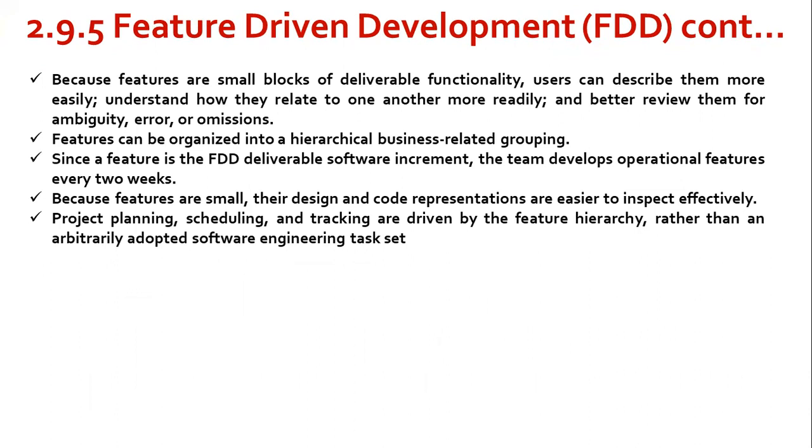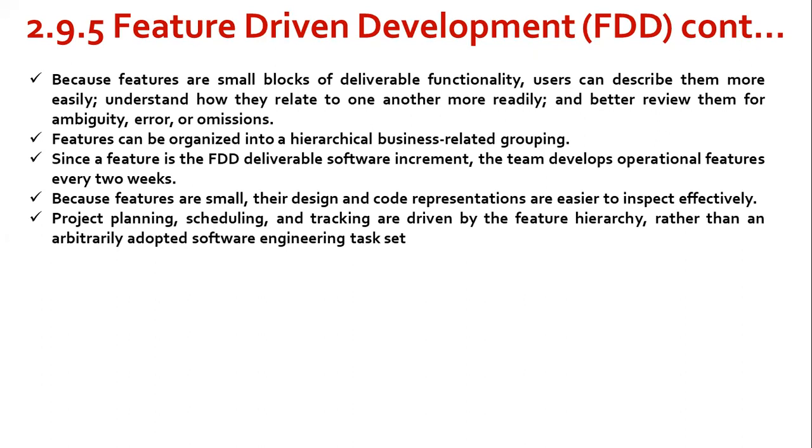Because features are small blocks of deliverable functionality, users can describe them more easily, understand how they relate to one another more readily, and better review them for ambiguity, error, or omissions. These features can be organized into a hierarchical business-related grouping. Since the feature is the FDD deliverable software increment, the team develops operational features every two weeks.